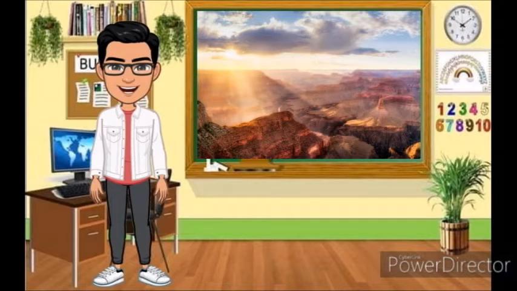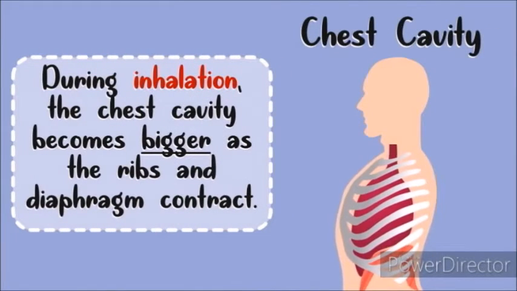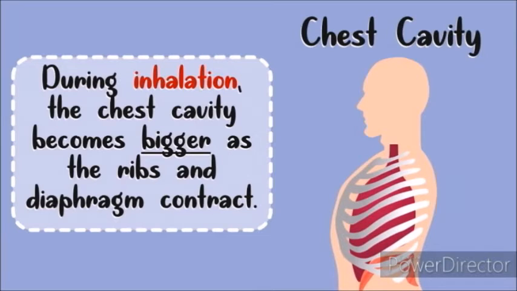The ribs and the chest cavity also move during respiration. During inhalation, the chest cavity becomes bigger as the ribs and diaphragm contract.